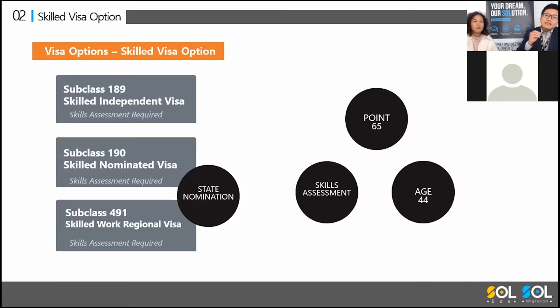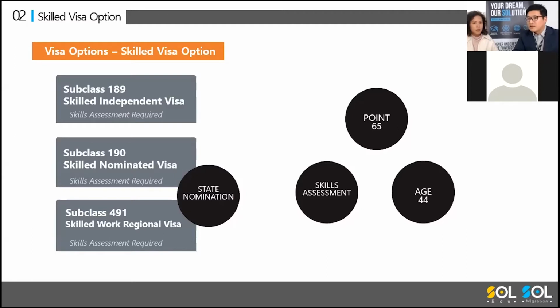You must achieve at least 65 migration points to be eligible to start the EOI and get an invitation. But this 65 points is the minimum. It doesn't mean you can get an invitation with 65 points. This is a minimum requirement so you can start the process.